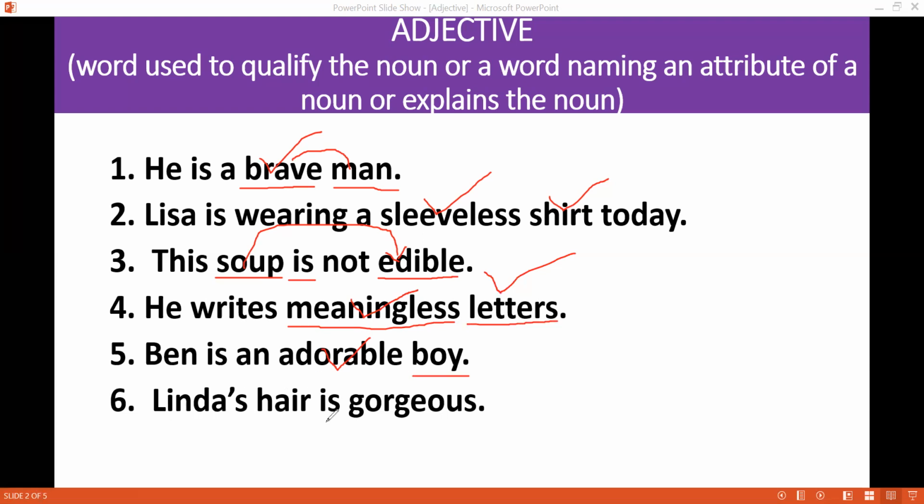Linda's hair is gorgeous. Here it is an explanation of hair, so it has been used after the helping verb. Hair is the noun and this is its explanation. So gorgeous is explaining the noun. Gorgeous is an adjective.